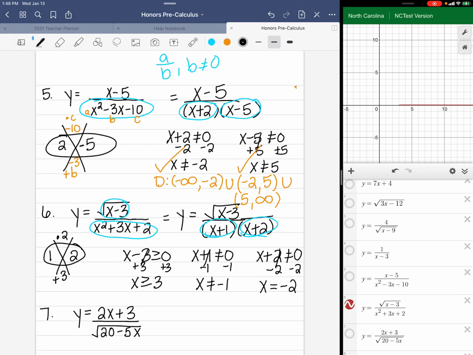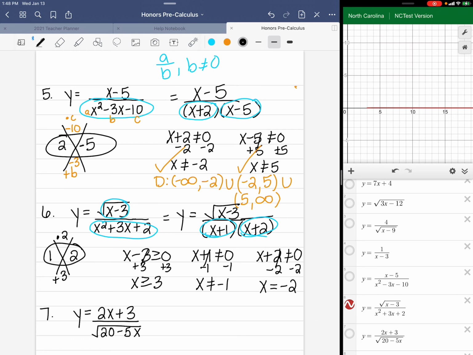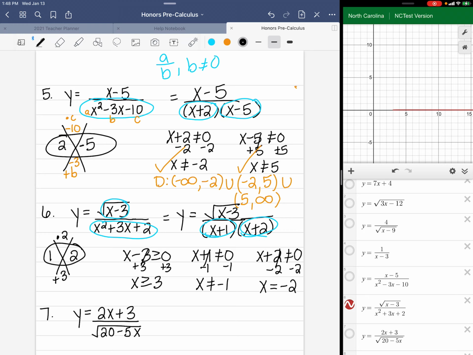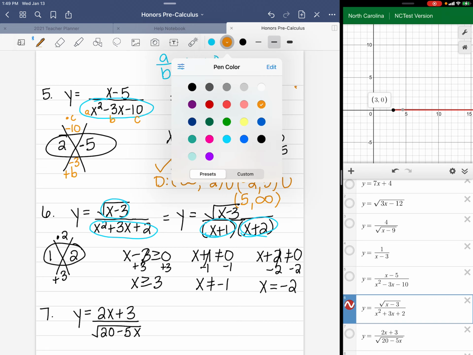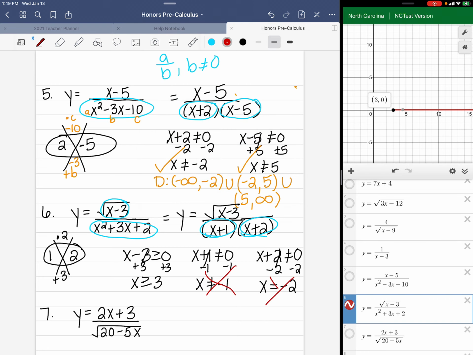So let's look at this graph. We've got a lot to analyze here. Now, it says in my problem that x has to be greater than or equal to, excuse me, positive 3. So we can see that that graph, if I try to move my cursor, is not going to go any farther to the left than 3. So if it doesn't go any farther to the left than 3, then I don't even have to worry about these other values because I'm already excluding those by using this particular piece.